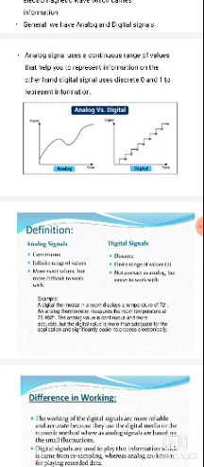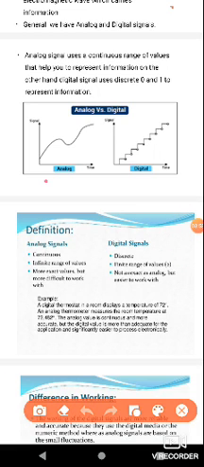The amplitude, that is the voltage, changes continuously with respect to time. Whereas a digital signal is discrete and uses only zeros and ones.